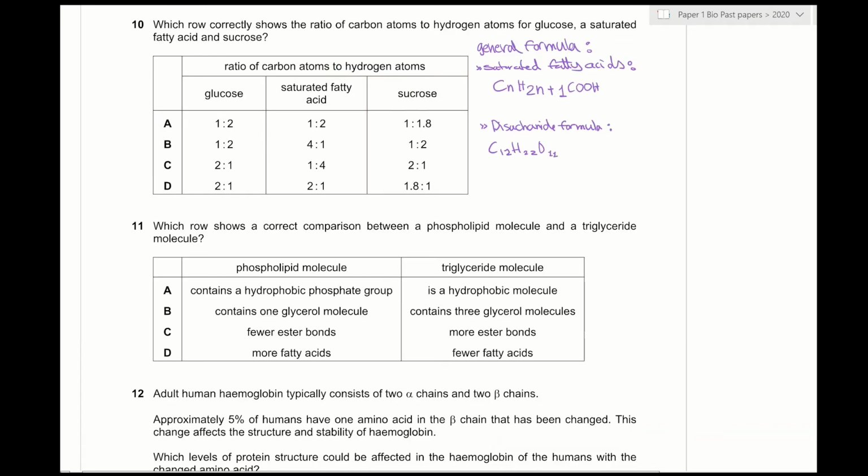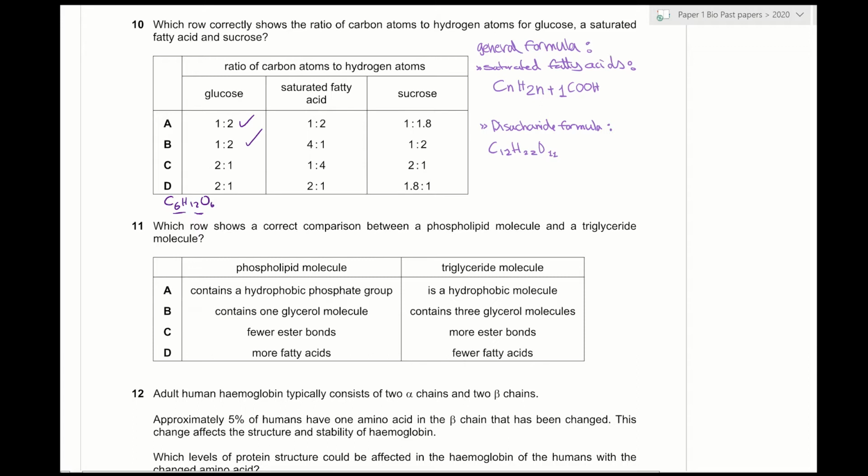10. Which row correctly shows the ratio of carbon atoms to hydrogen atoms for glucose, a saturated fatty acid, and sucrose? So let's start with glucose. We know that the formula of glucose is C6H12O6. Therefore, it's obvious that the ratio is going to be 1 to 2, as seen in the general formula.